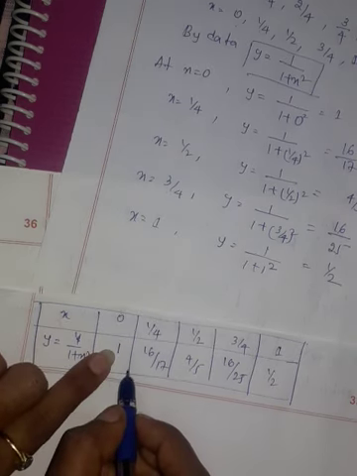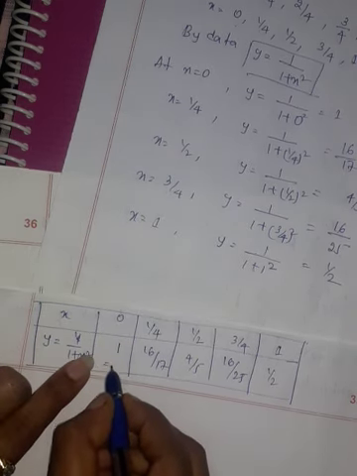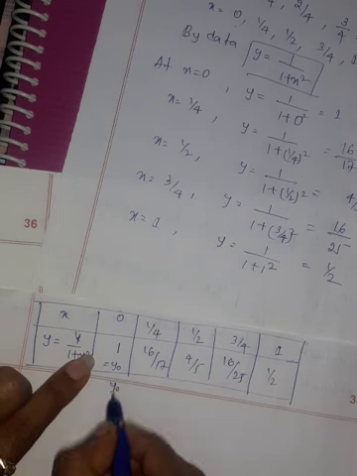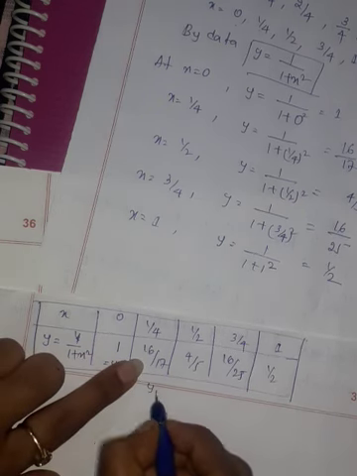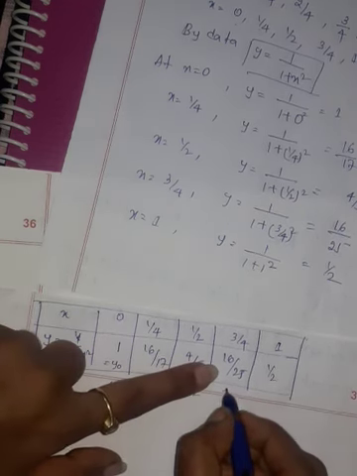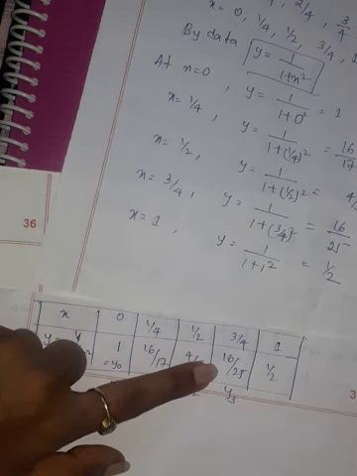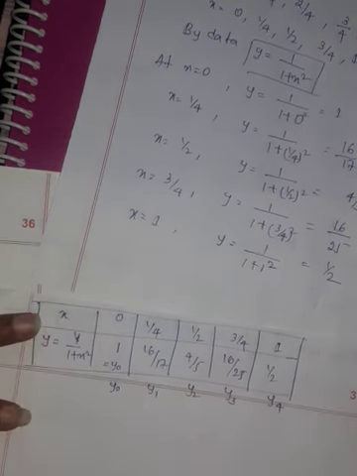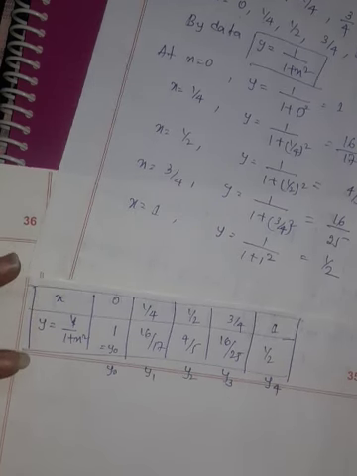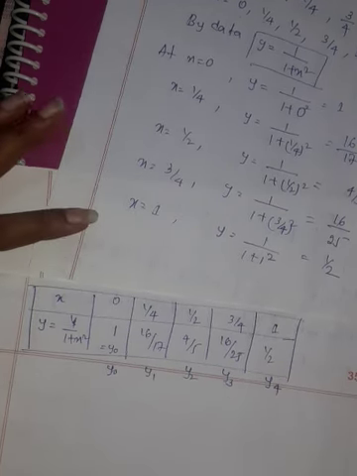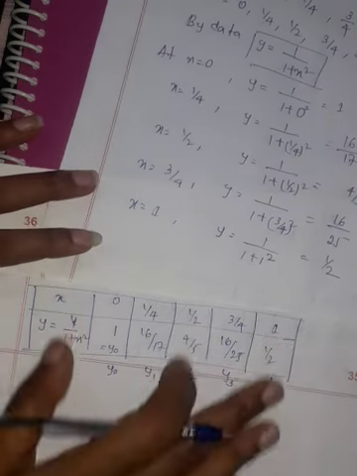Now the first value of y is y0, then y1, next is y2, after that y3, and the last one is y4. All these values we have to put in. Next, what did they ask us to apply here? Simpson's 1/3 rule. Let us write the formula first.